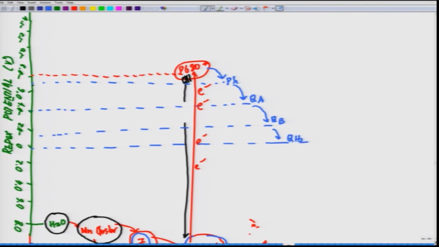From QH2, it moves to something called the cytochrome bf complex, where the electron is being funneled.